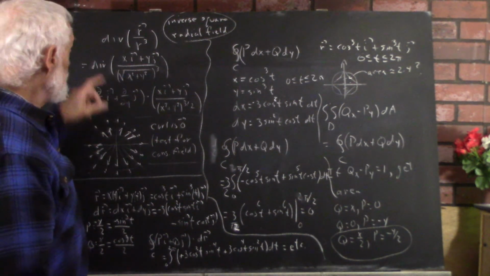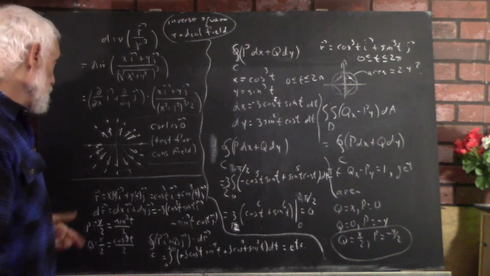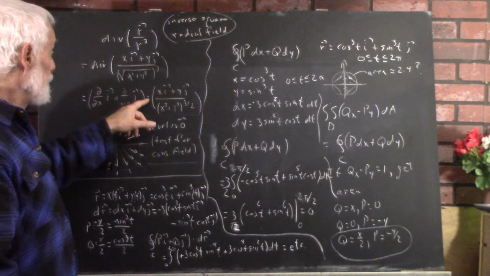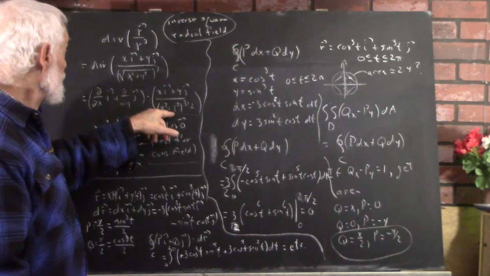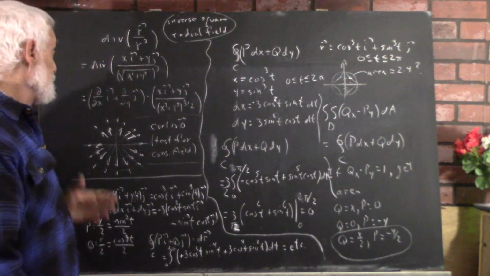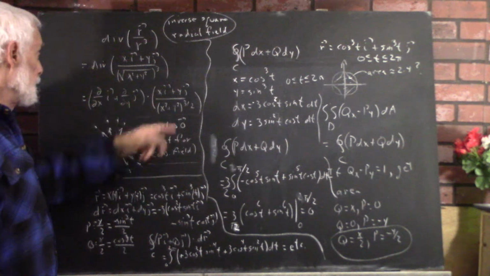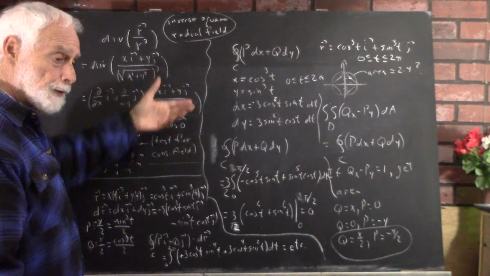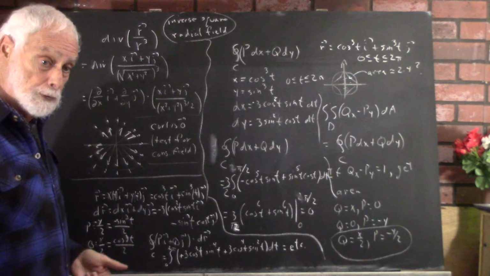In any case, now what's the divergence of this? Now you've got to work it out. The divergence, here's your del operator dotted with this vector. Okay, that's a little messy. You take the derivative of this. The x derivative of x over x squared plus y squared to the 3/2, you probably use the quotient rule.